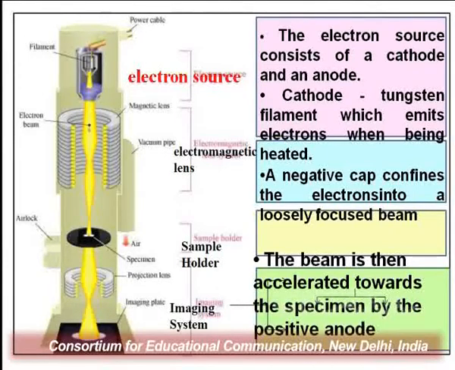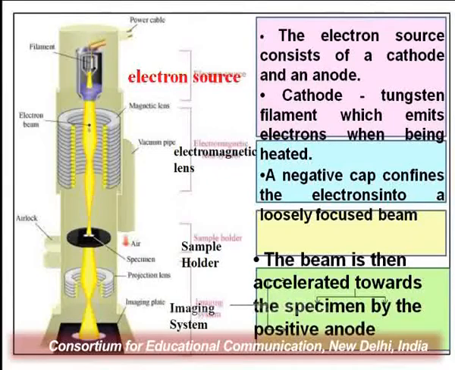Then this beam is accelerated towards the specimen by the positive anode. Cathode negative, cap, and anode positive. So from the cathode, the electron beam passes through the anode and falls upon the specimen.